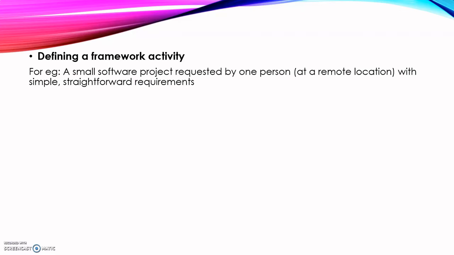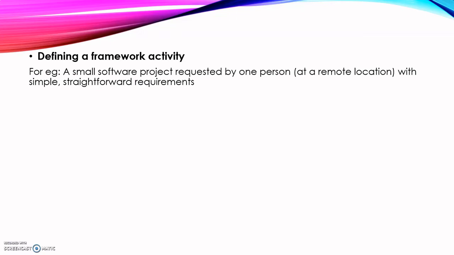I don't have to take so much time on the requirements. So for a small software project, how can my framework activity be identified. The only necessary action is phone conversation and the task set that the action focuses on.